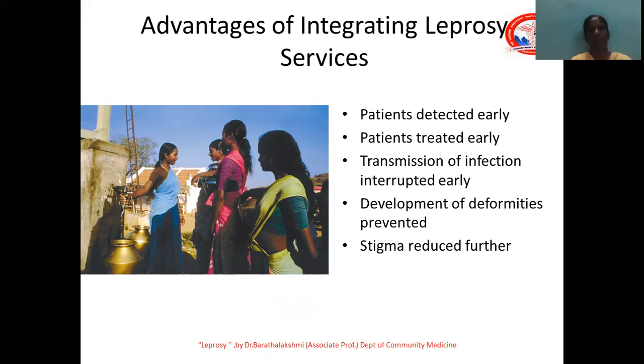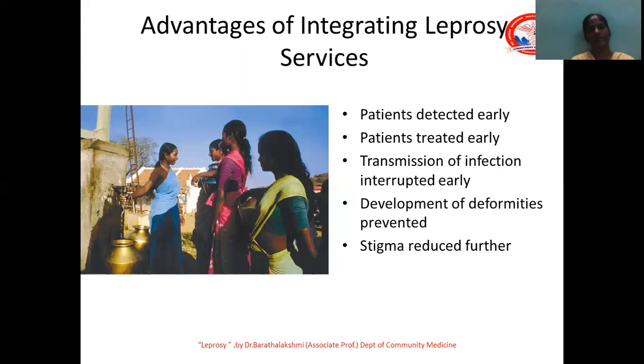The main reasons were that patients were detected early, because the diagnosis process is very simple and can be made not only by a specialist like a dermatologist; even a medical officer, even a health worker can be trained to pick up the cases of leprosy. And if the treatment is started at the early stage itself, the cure is going to be 100%, and the transmission of infection is interrupted.